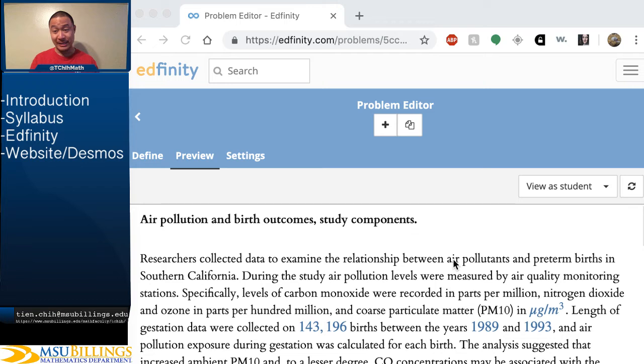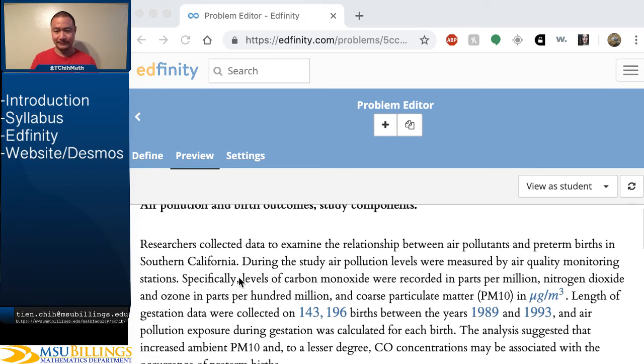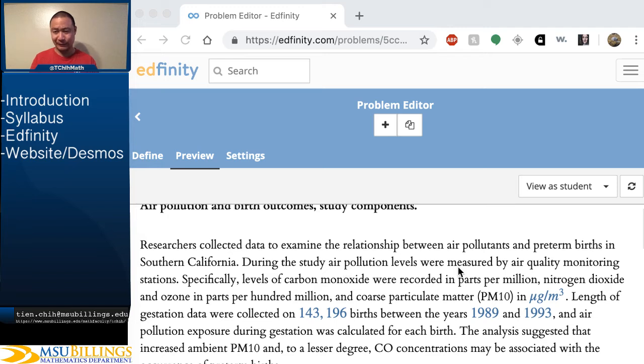Right, so these two things, air pollutants and preterm births, are just the things that they want to study. It doesn't, as of yet, say anything about whether or not they collected specific data on them. So as of now, they're not variables. During the study, air pollution levels were measured by air quality monitoring stations, and specifically, levels of carbon monoxide were recorded in parts per million, nitrogen dioxide and ozone in parts per 100 million, and coarse particulate matter in milligrams per meter cubed.